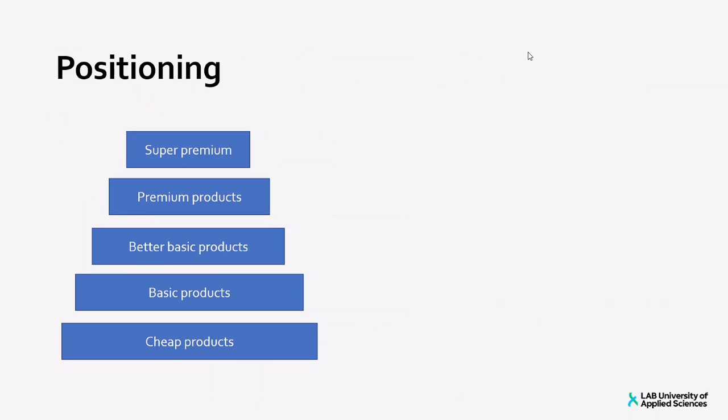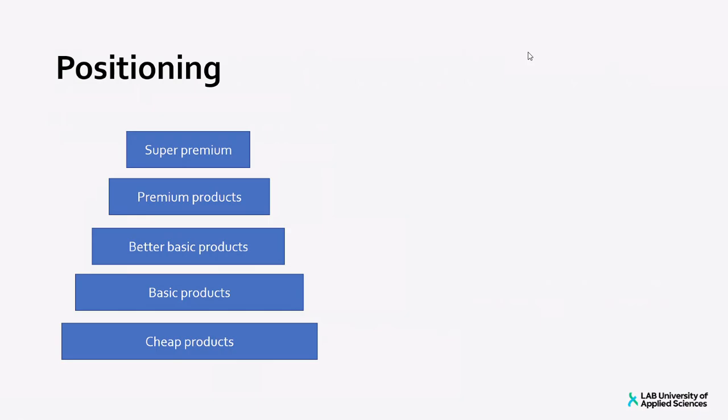There are different kinds of positions in the market. We have the cheapest, for example, potato chips in the market. Those are the private labels, the not branded or no brand products. Then there are basic products, which are from a certain brand, like the basic potato chip from Lay's or something.